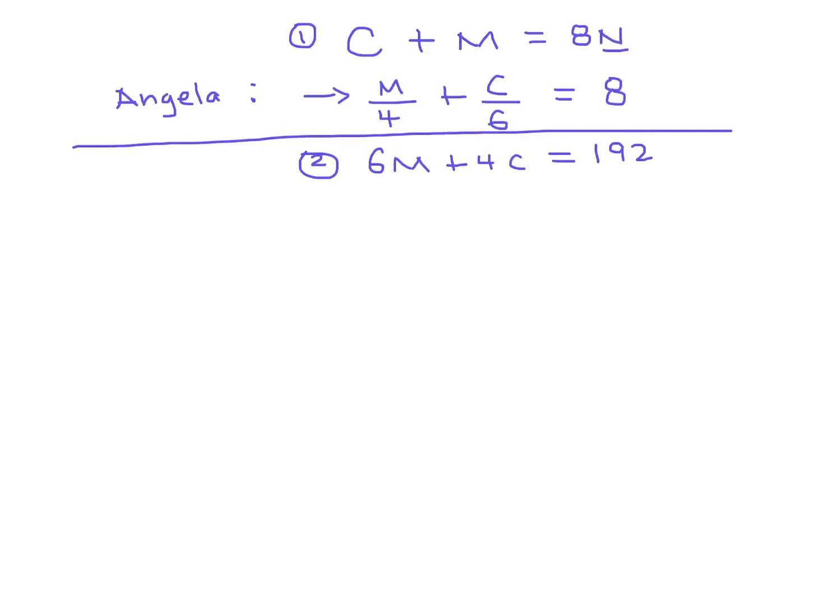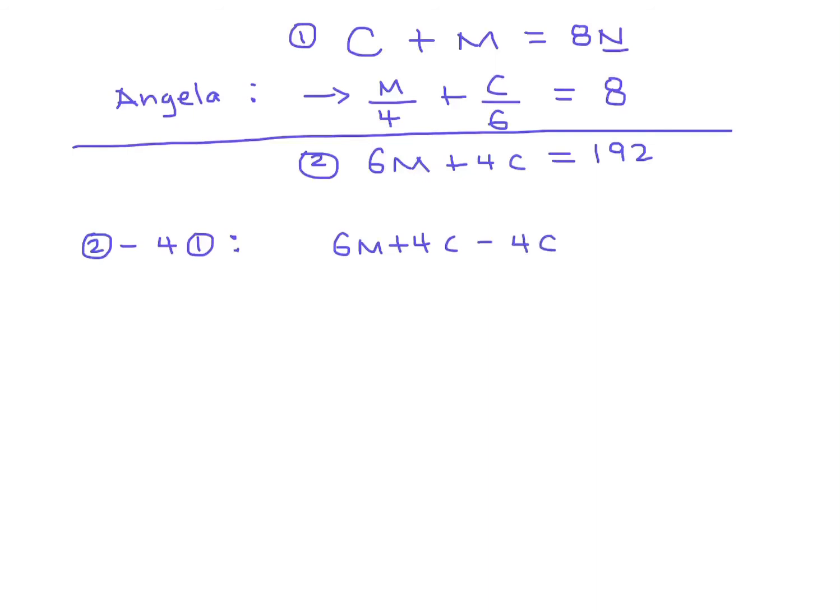So let's see, what can we do here? We can do 1 minus 4 times 2. I think that will get rid of something. Or rather, I think I had it reversed. 2 minus 4 times 1. So here we go. 6M plus 4C minus 4 times 1.